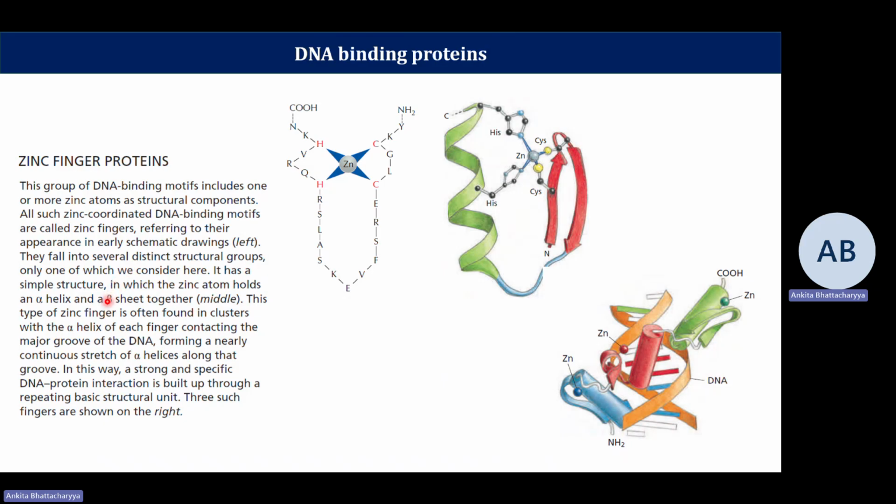This group of DNA binding motifs includes one or more zinc atoms as structural components, which must certainly be present.